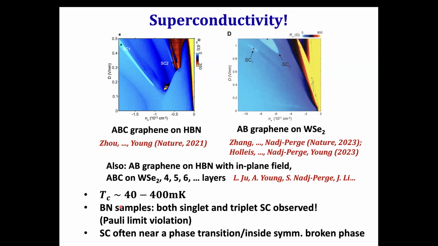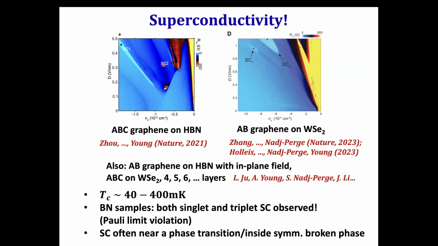Okay, so for instance, for ABC graphene on hBN, there are these two superconducting phases, SC1 and SC2. SC1 more or less obeys the Pauli limit, meaning when the Zeeman energy is comparable to twice Tc or so, superconductivity is killed. SC2 doesn't obey the Pauli limit. It actually violates that by a huge factor, at least 10.